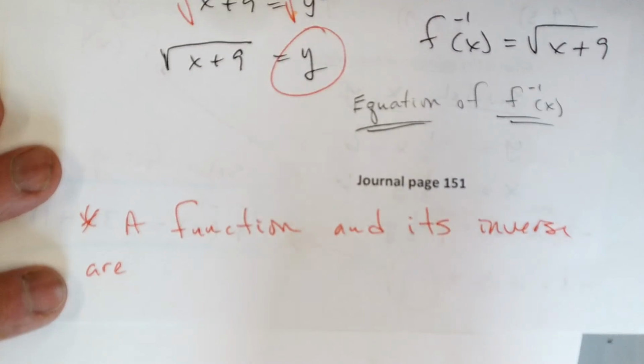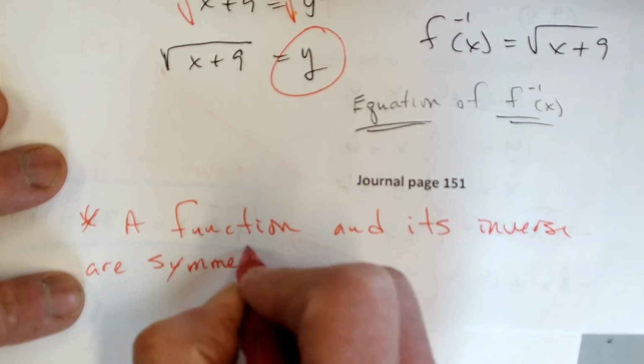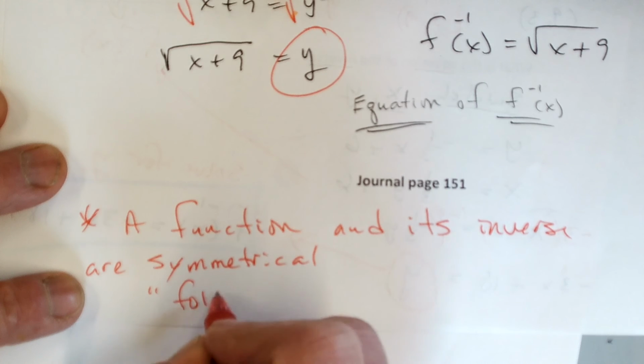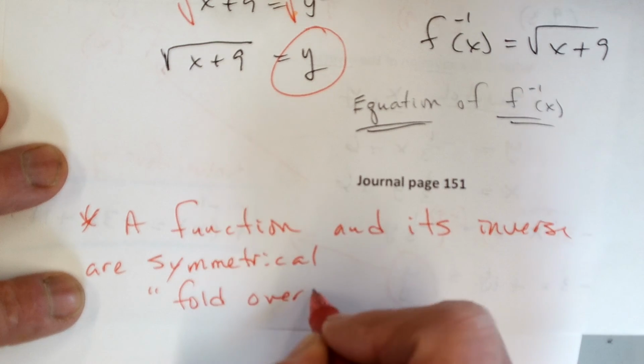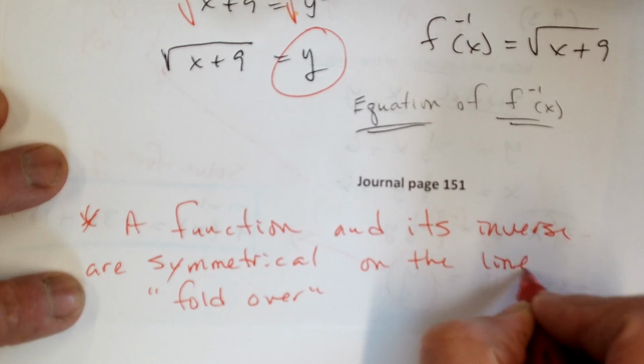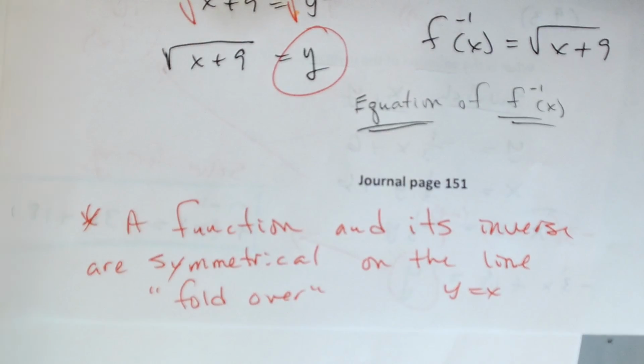A function and its inverse are symmetrical. Like it'll fold over on the line y equals x. Okay, that's all I have.